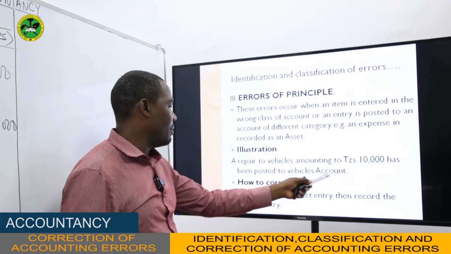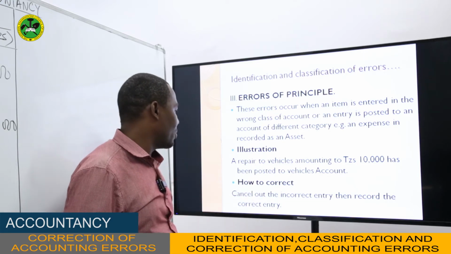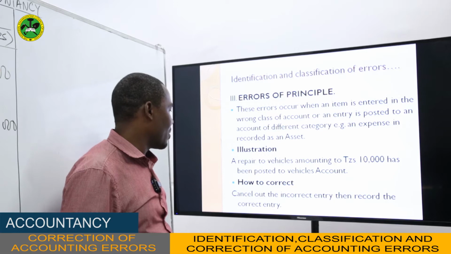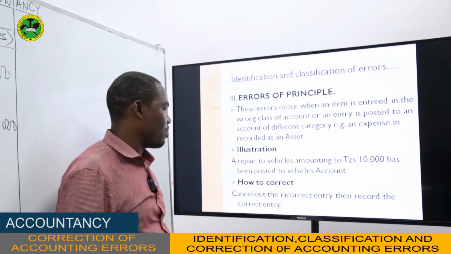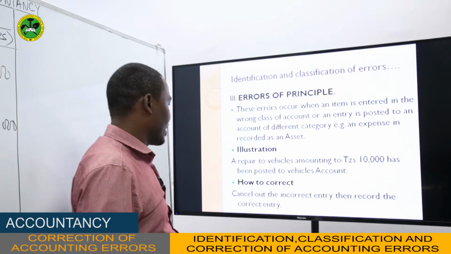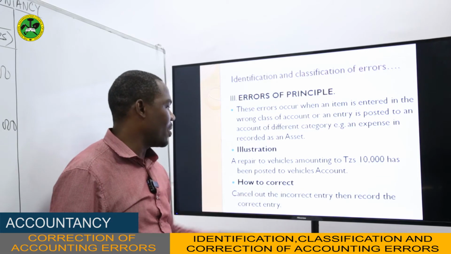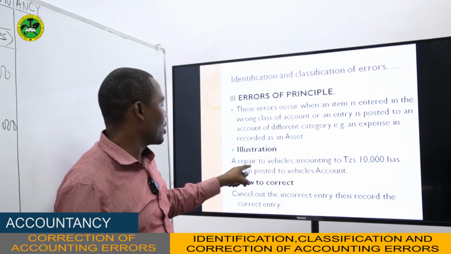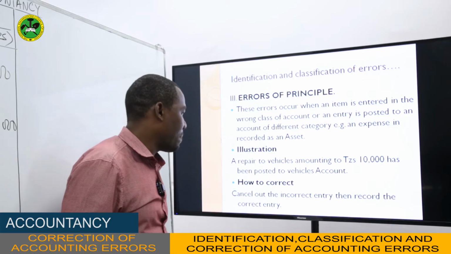So it was debited to vehicle accounts instead of being debited to motor vehicle repairs. That is an error of principle. How to correct it? We cancel out the wrong entry in the vehicle account to recognize the expenditure or the expenses in the motor vehicle repairs account.